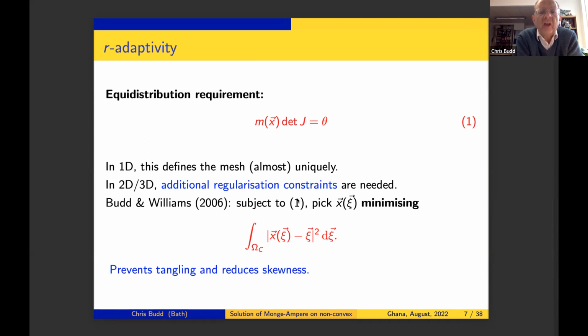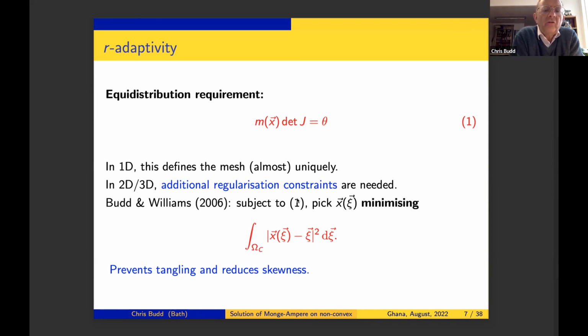If you open up the great textbooks in numerical analysis about how to discretize PDEs, they go on at length about the very great advantages of having a completely uniform mesh to discretize a PDE on. If you have a uniform mesh, you get nice cancellation properties, you don't have problems with small angles and all that sort of nonsense. So the simple idea is, well, if uniform meshes are so great, why don't we find a solution of the equidistribution equation which is as close to uniform as possible?